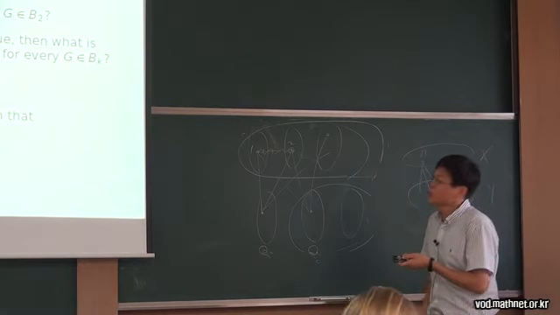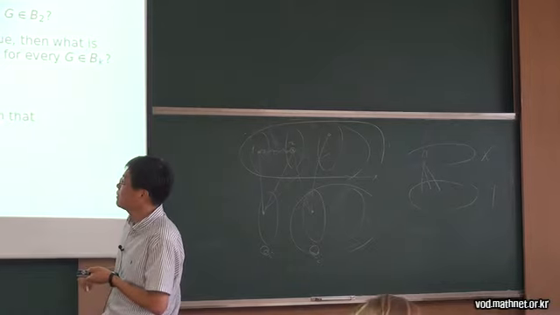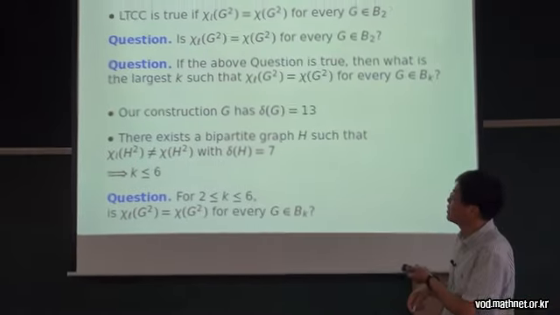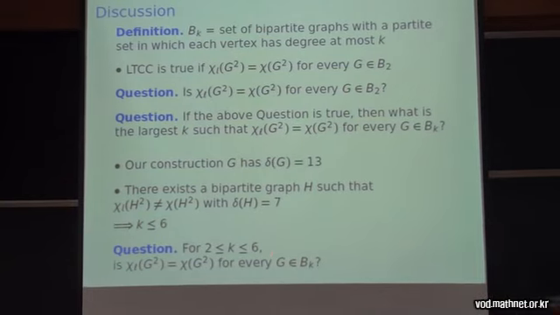But we can modify our construction such that we can reduce the maximum degree in the one set to 7. So it means if such a k exists, then it's at most 6, but at least 2. So the question is, which is the correct number?